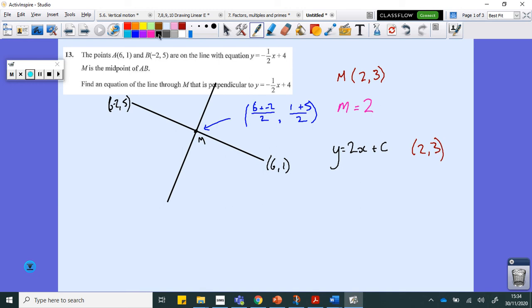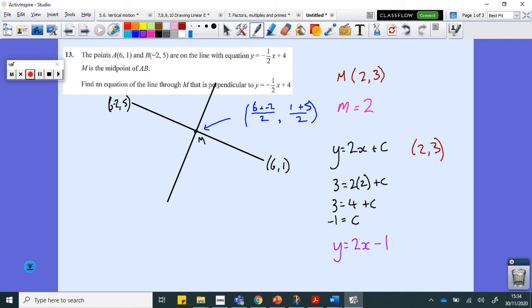So I just substitute in those values: 3 equals 2 lots of 2 plus c, so 3 equals 4 plus c, c equals negative 1. So ultimately, the equation of my graph is y equals 2x minus 1.